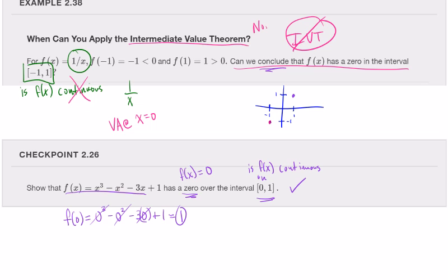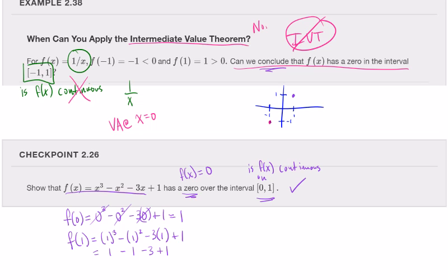That's positive, so I'm hoping that f of 1 is going to be negative. If I plug in 1 as my input for all these x's, I would get 1 cubed minus 1 squared minus 3 times 1 plus 1. 1 cubed is 1, 1 squared is 1, negative 3 times 1 is negative 3, plus 1.